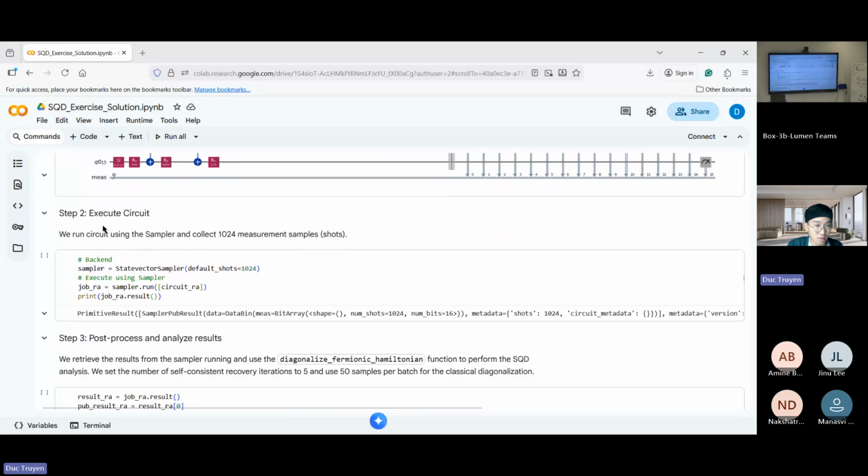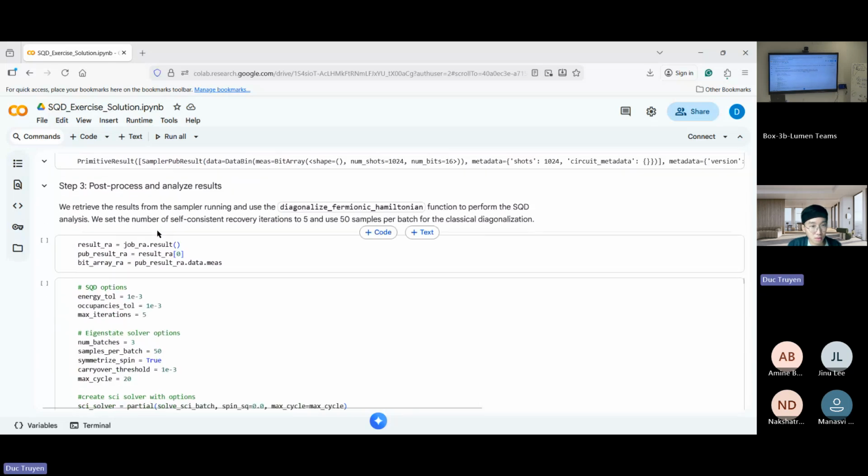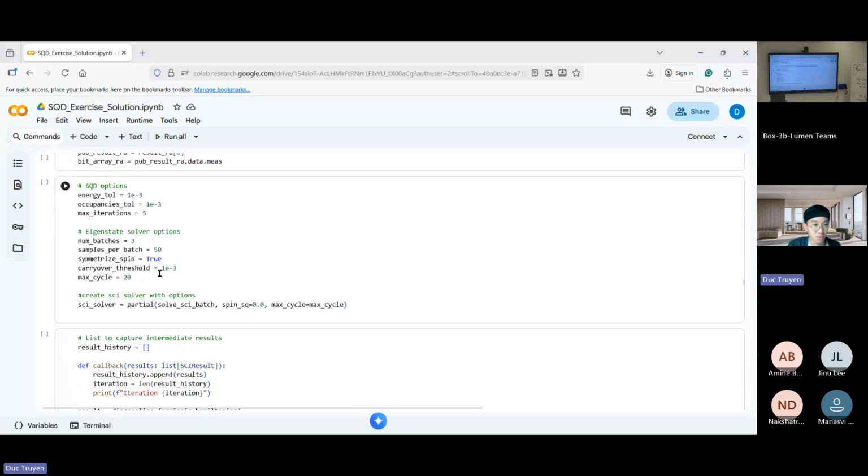The execute circuit we already got to know in the previous notebook. If you don't, just go back to the previous notebook. Process and analyze results: as I explained before, we divide the configuration samples from our quantum circuits into different batches.